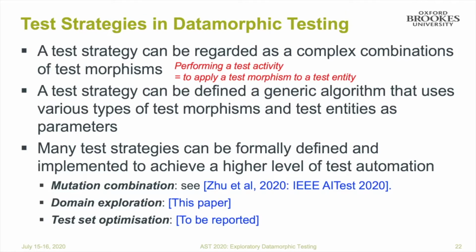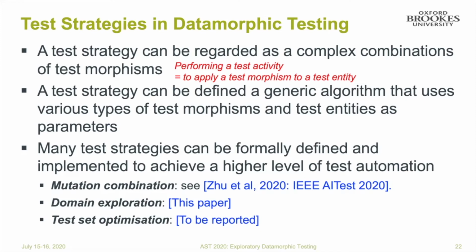In the framework of datamorphic testing, a test strategy can be regarded as a combination and a composition of test morphisms. They can be formally defined as a generic algorithm that uses various types of test morphisms and test entities as parameters.